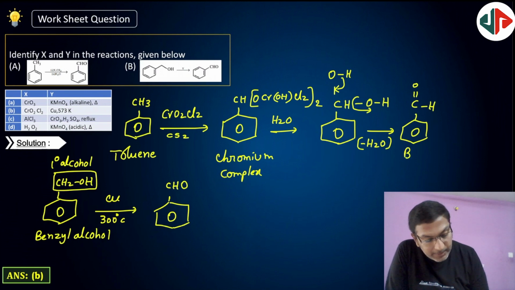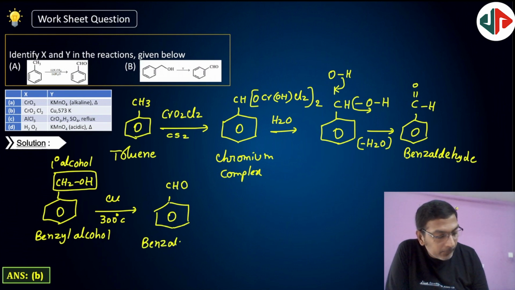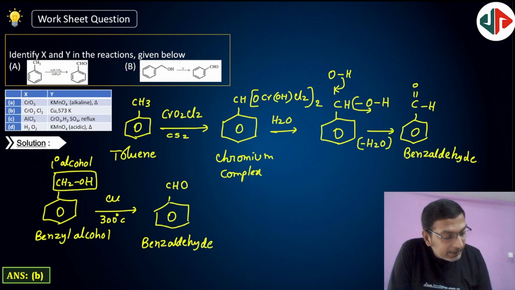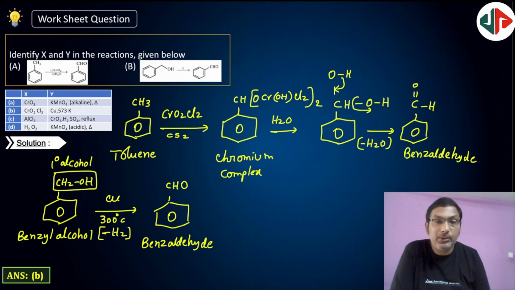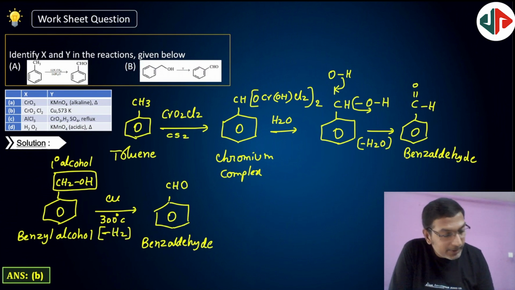So both are benzaldehydes. Here dehydrogenation takes place, minus H2. Dehydrogenation reaction. Therefore option B.